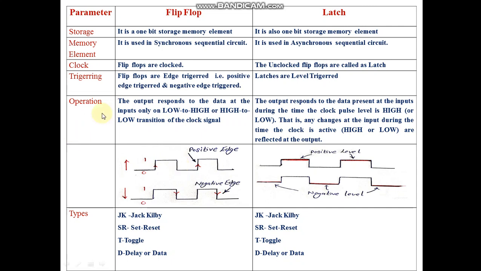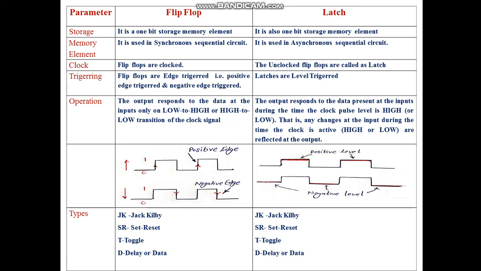The clock can be provided in two forms, either positive edge form or negative edge form. The vertical arrow indicates the edge. In this waveform the arrow indicates 0 to 1, and in this waveform the arrow indicates 1 to 0. So 0 to 1 describes the positive edge, and 1 to 0 describes the negative edge.